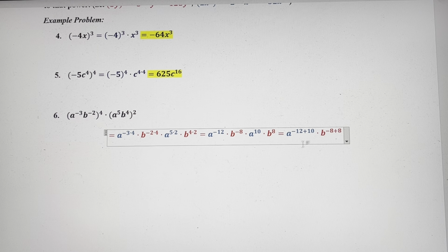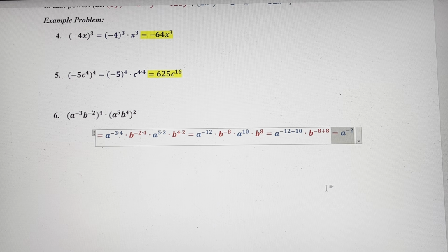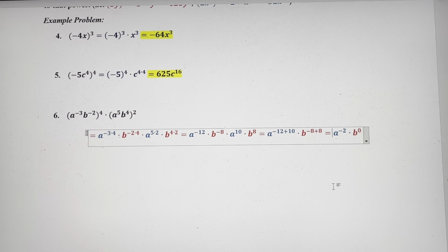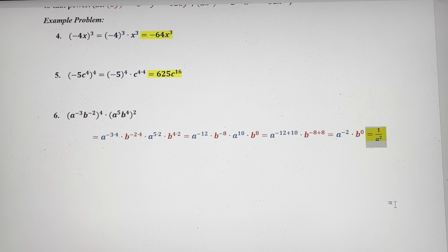So let's clean those up a little bit. When I combine the exponents for the a, I get a to the negative 2. When I combine the exponents for the b, I get b to the 0. Again, now we're going back even more. We've got our negative exponent. We've got a 0 as an exponent. Those rules never go away, so we've got to apply those. So b to the 0 I know to be 1.